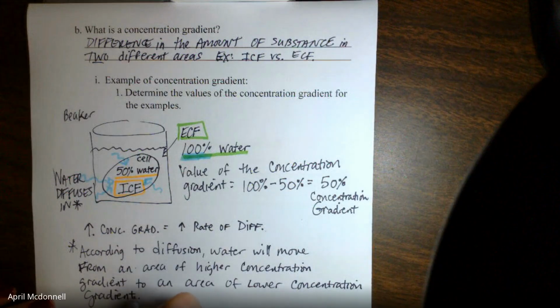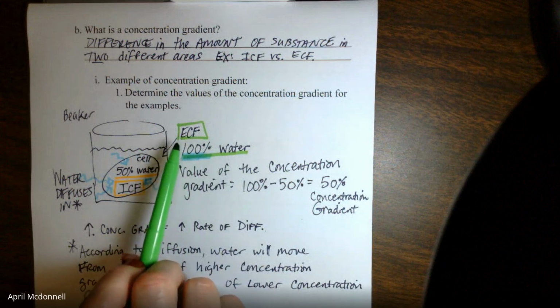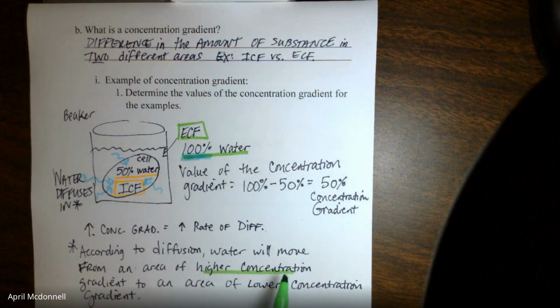So water will move from an area of higher concentration, the area that contains the higher amount of water, which is the ECF, to an area of lower concentration, which is inside of the cell, the ICF.